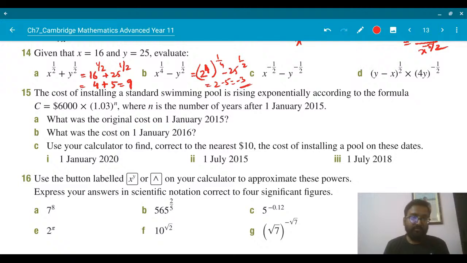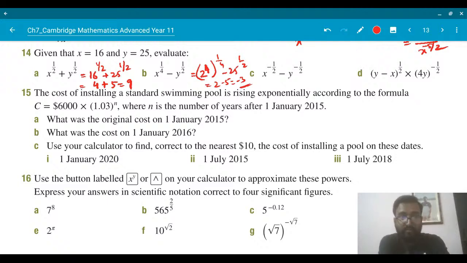15.1, the cost of installing a standard swimming pool is rising exponentially according to the formula $66,000 into 1.03 power n, where n is the number of years after 1st January 2015. Okay. So what is the original cost?